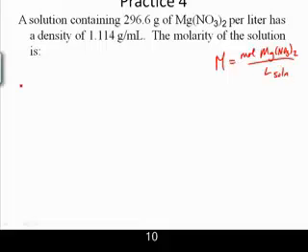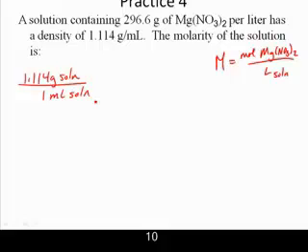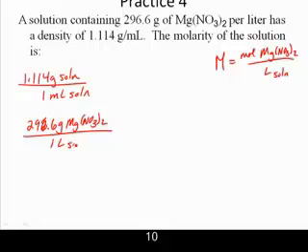And it's telling me that the solution density, so 1.114 grams of solution is equal to 1 milliliter of solution. Okay, and we know that also the solution contains 96.6 grams magnesium nitrate per 1 liter of solution. Okay, so we want moles.